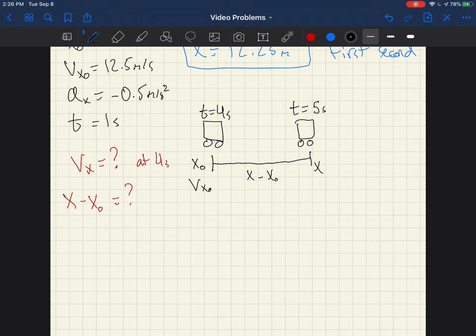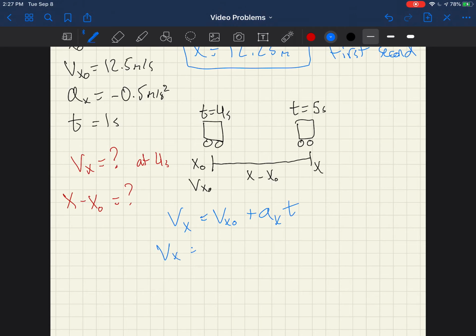So we don't need to know x0 because like we just said, we only really want to know x minus x naught, and we need to know Vx0 at that 4 seconds. So what we're going to do is find Vx after 4 seconds of motion. There's kind of two reference frames here. So the first one, Vx, is after 4 seconds of travel. How fast is the car moving?